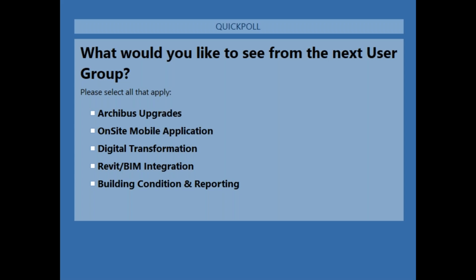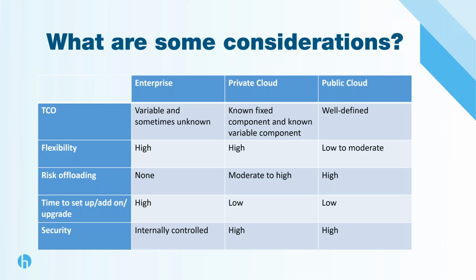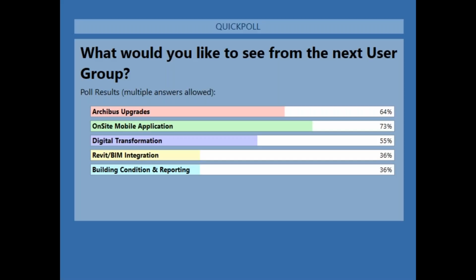We'll give it another 10 seconds. If you haven't voted, please let us know. And again, if nothing here is really resonating with you, we definitely want to hear about other topics. We're going to look at these topics and then reach out to all of you to participate and share your experiences.